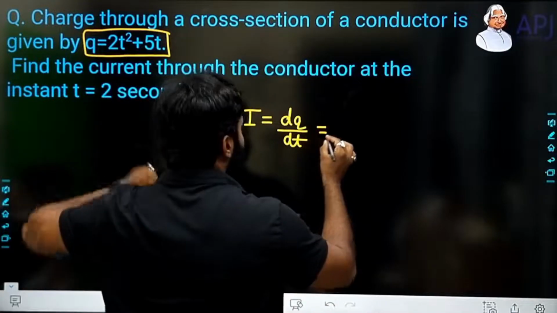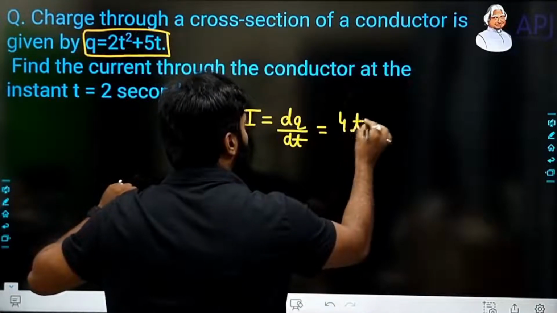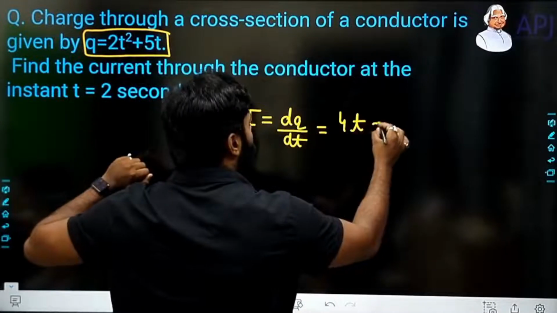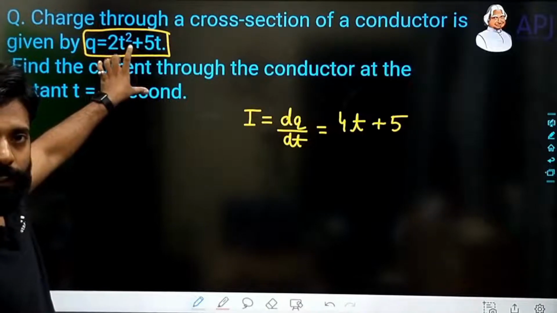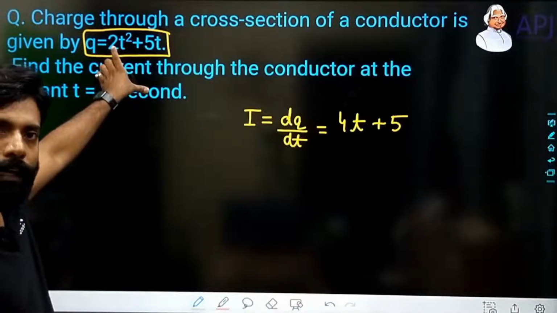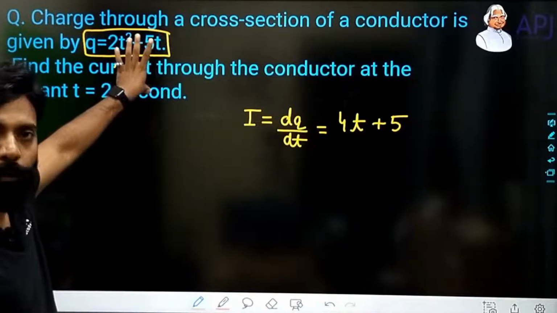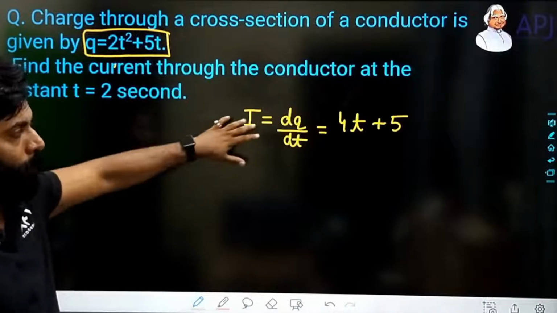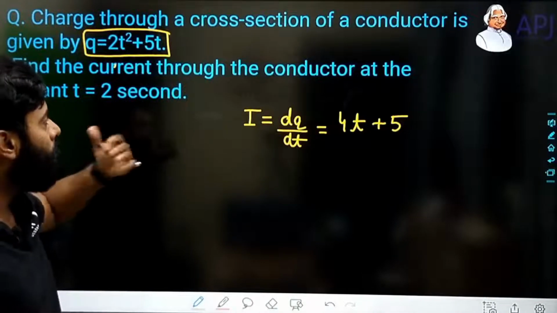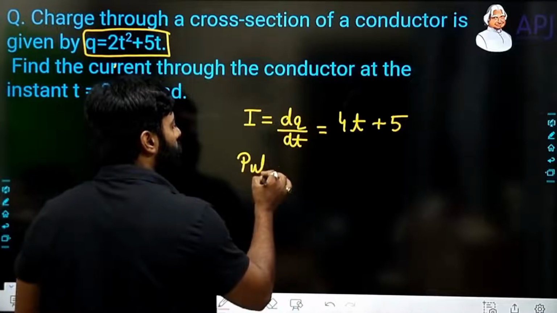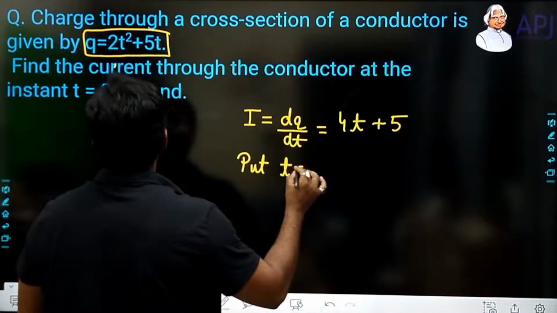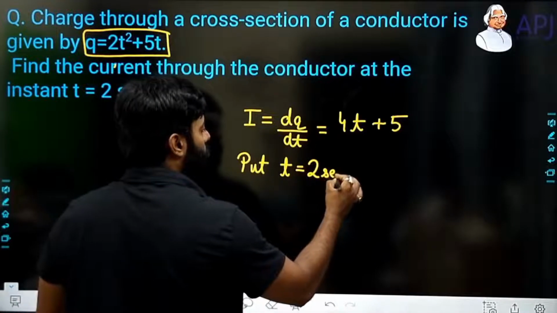So if I differentiate this, then it will become 4t plus 5. Once I differentiate this, the power 2 will come forward, right? It will become 4t and this will become 5. So my answer will be 4t plus 5. Now, I have to put t is equal to 2 seconds.